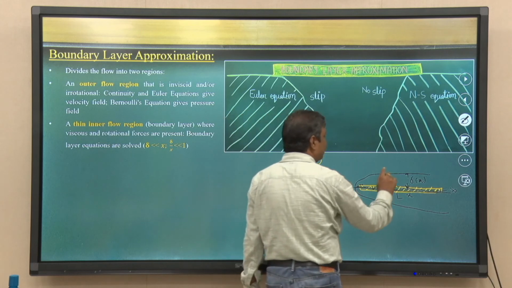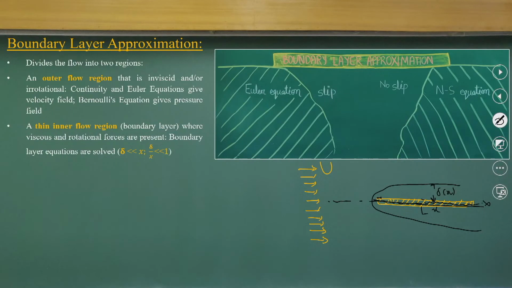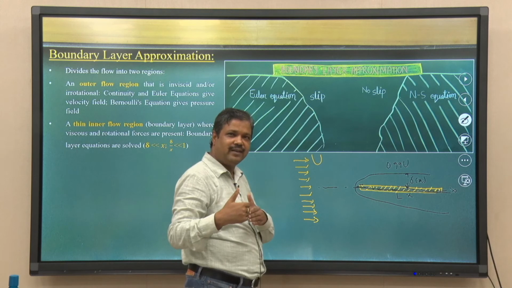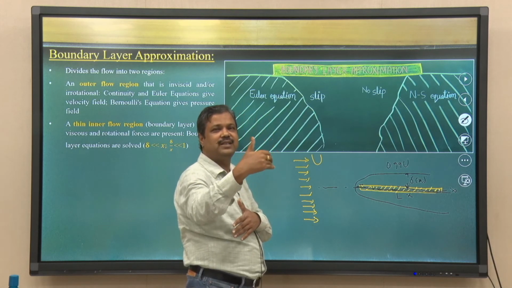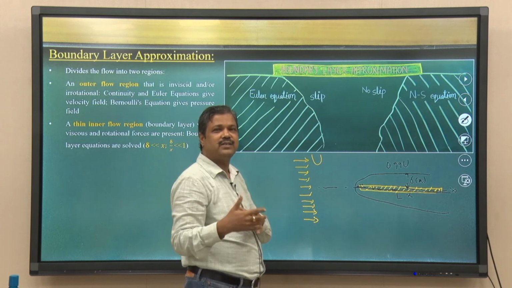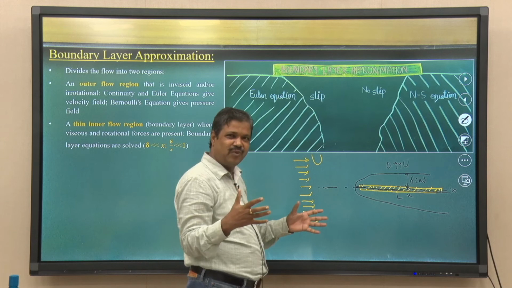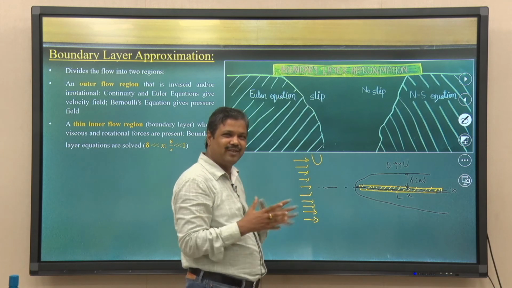If U is the free stream velocity, we define the boundary layer thickness where the velocity is 99% of it, 0.99 U. One boundary is at the plate, and the other boundary is the point where the velocity equals 99% of the free stream velocity. This is hypothetical, but it is okay. The 1% we consider okay, no problem.